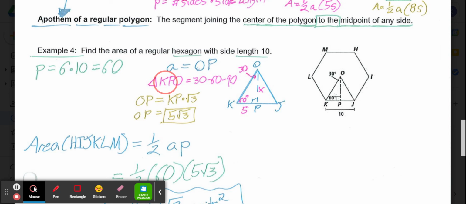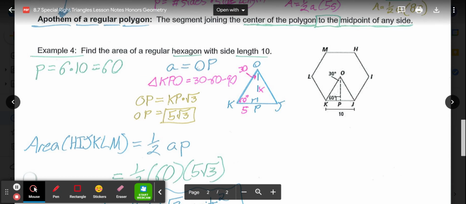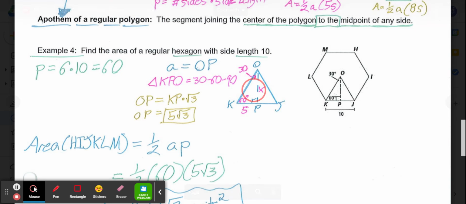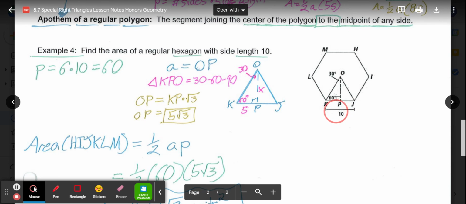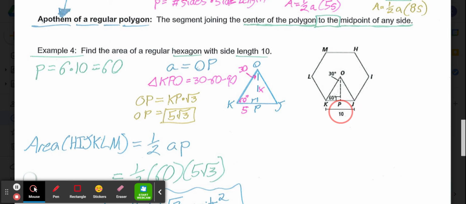If I look at triangle KPO, just this triangle here on the left, I know it's a 30, 60, 90 triangle. If I knew this whole distance down here was 10, I know K to P is 5 and P to J is 5. So my shorter leg of triangle KPO is 5. The apothem, OP, is my longer leg.